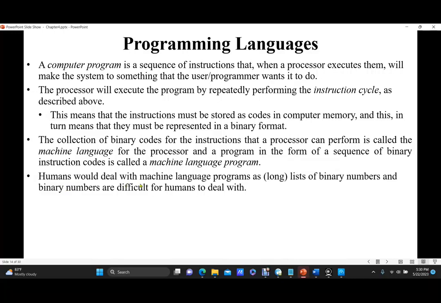Humans would deal with machine language programs as long lists of binary numbers. And of course, binary numbers are difficult for humans to deal with.